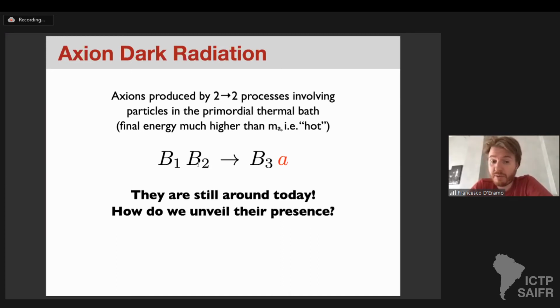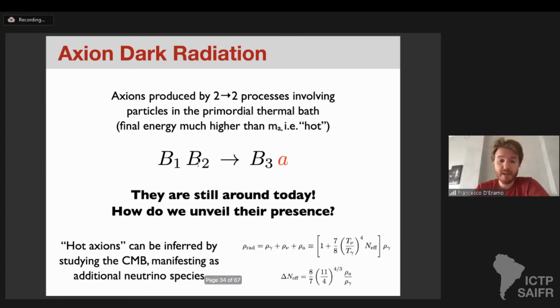Okay, so how do we unveil their presence today? Their presence can be inferred by studying the CMB. They can manifest as additional neutrino species. This is a historical way of parameterizing the effect of anything that is relativistic at the time of CMB formation. At the time of CMB formation, there are photons and neutrinos in the plasma. Here I say there could be axions as well, but it could be anything that is light.